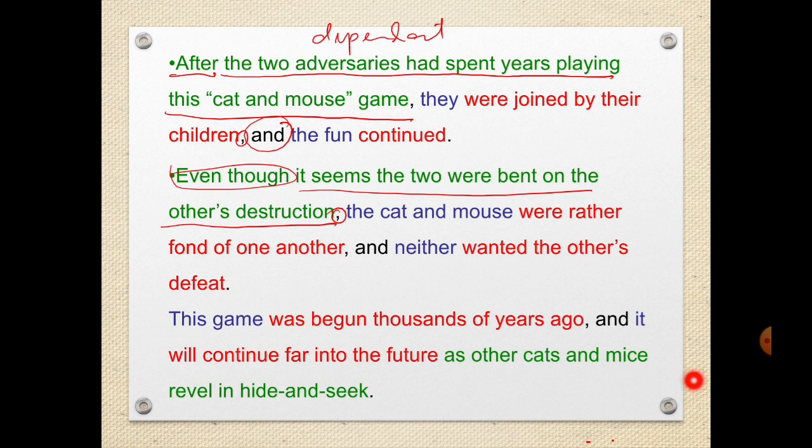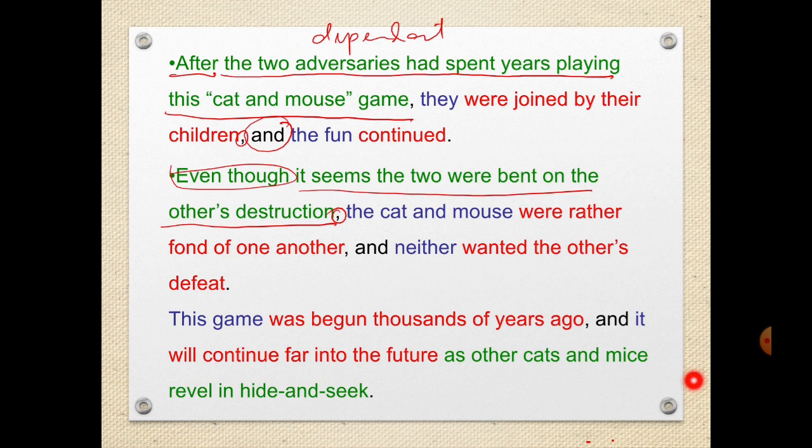And the last one: this game was begun thousands of years ago, and it will continue far into the future as other cats and mice revel in hide and seek. Right? Now the first two sentences earlier started with a dependent clause.